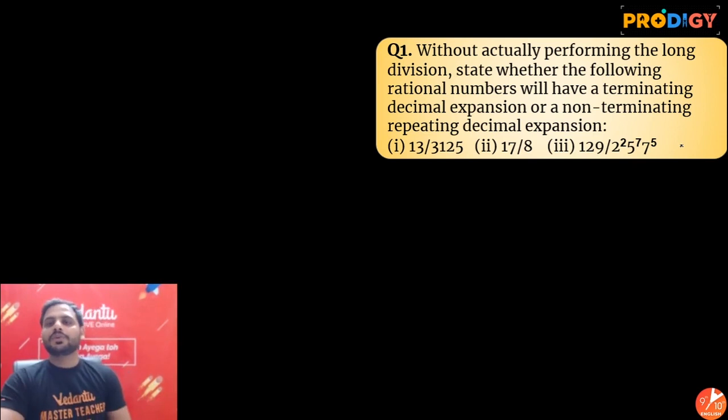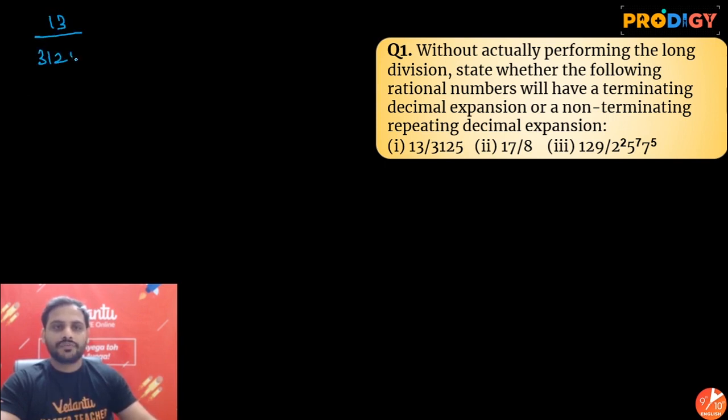First question: without actually performing the long division, state whether the rational number will have a terminating decimal or a non-terminating repeating decimal. See, the first one is 13 upon 3125. It is already in simplified form.